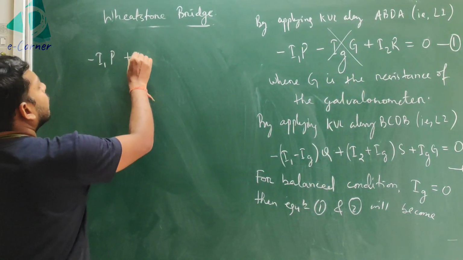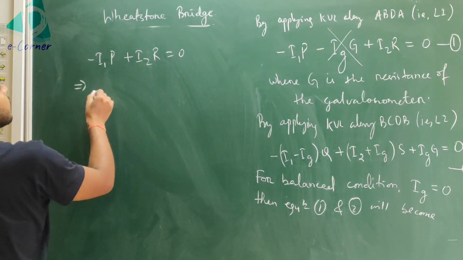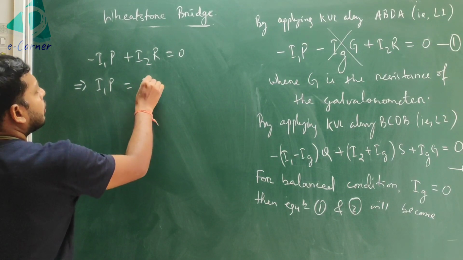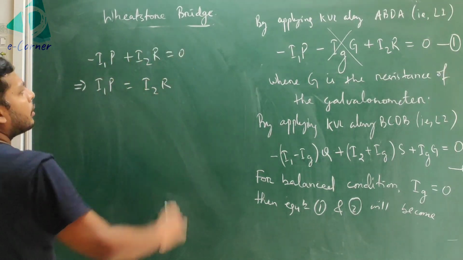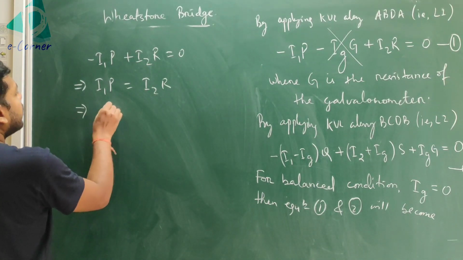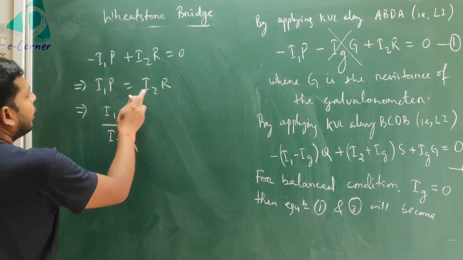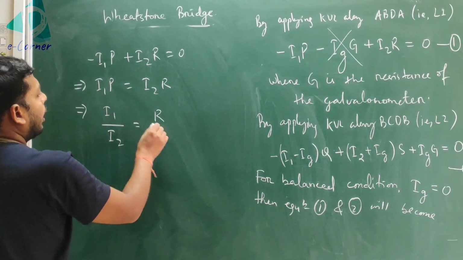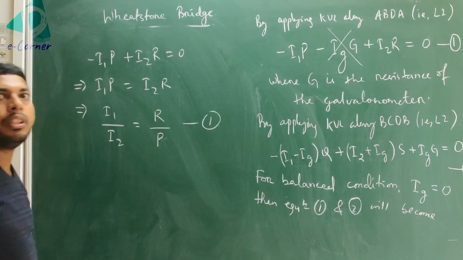Plus I2 R is equal to 0. That implies I1 P is equal to I2 R. I2 R is positive, so we are considering it on the right hand side. That implies I1 upon I2 is equal to R upon P. This is the third equation.